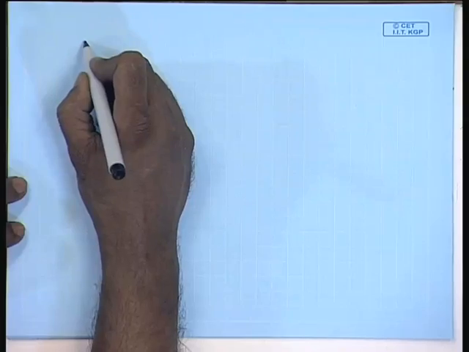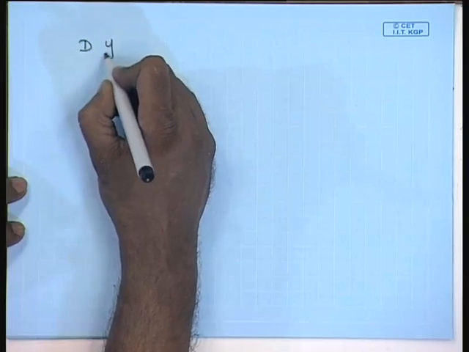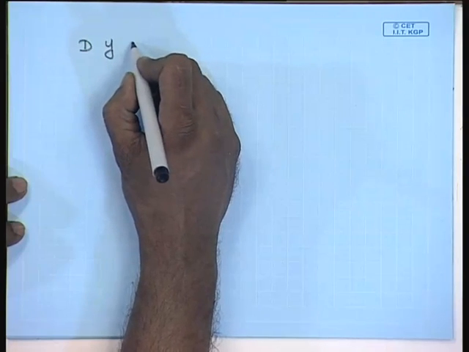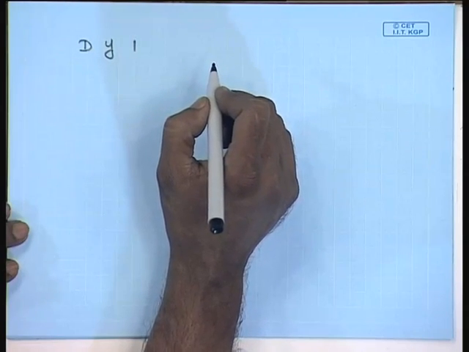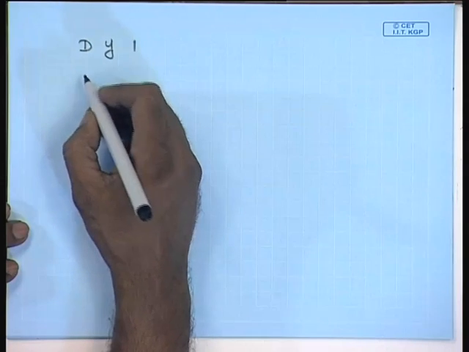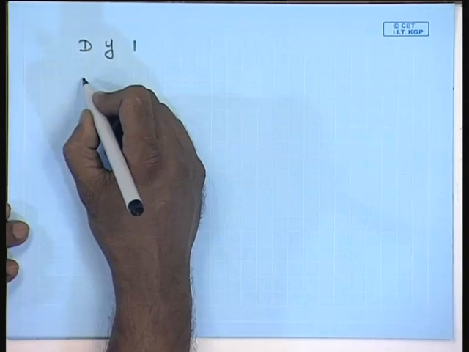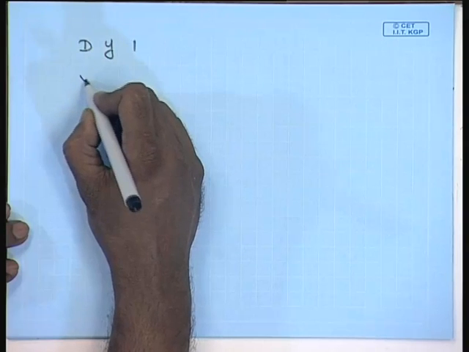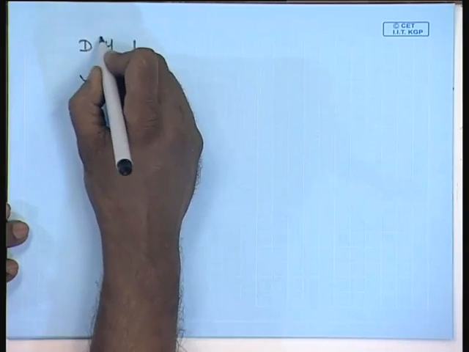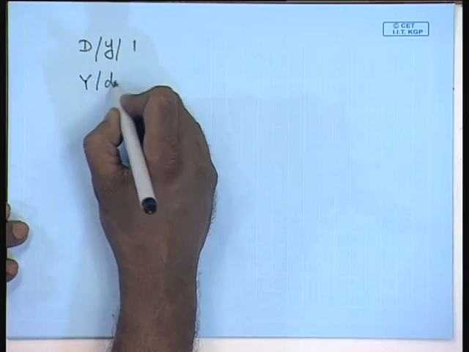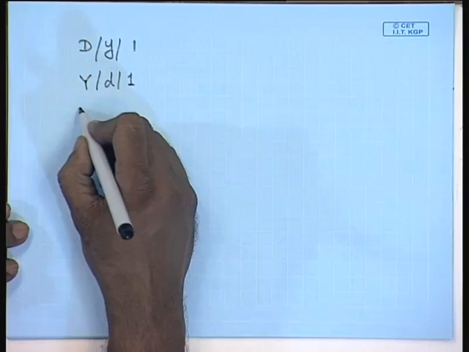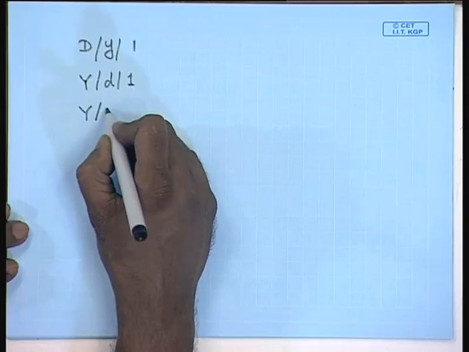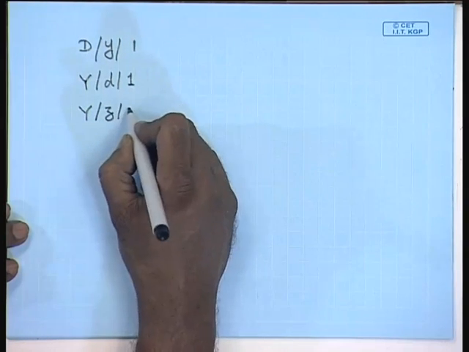For plus minus 30 degrees, you have D Y 1, this is minus 30 degree, or you can have Y D 1 or you can have Y Z 1.